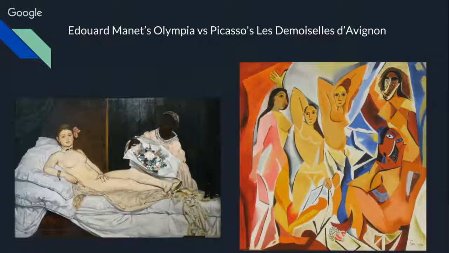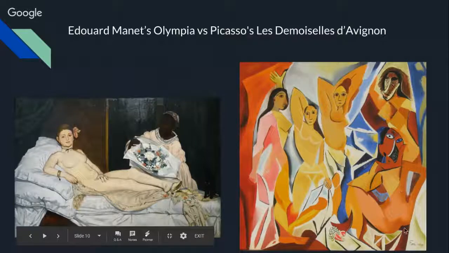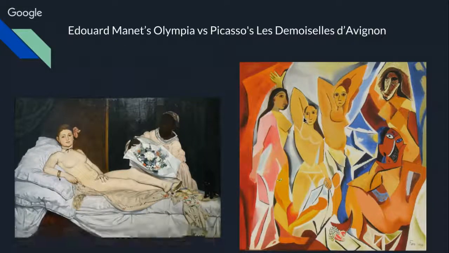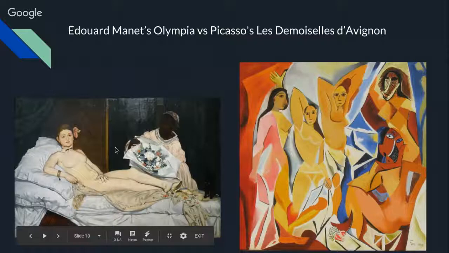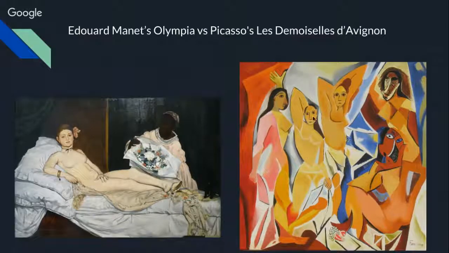And so I think Picasso and Manet do such a great job with portraying what was going on in that time and how these women were so willing to be opened and gazed upon and confident enough to be out in the streets or out in a private room to show off their body and show off their confidence in their skills of what they can do, what they have been taught to do.